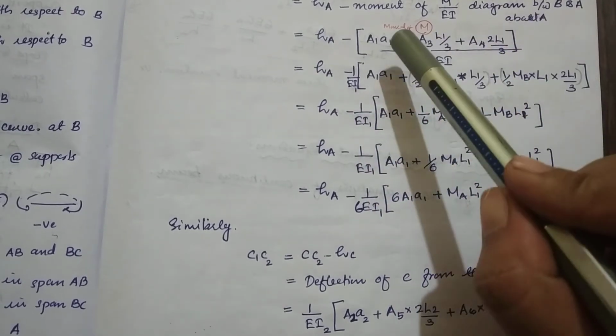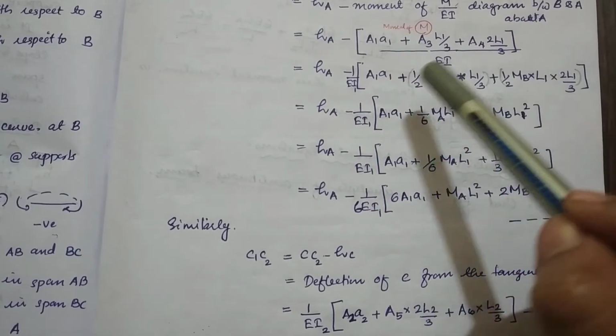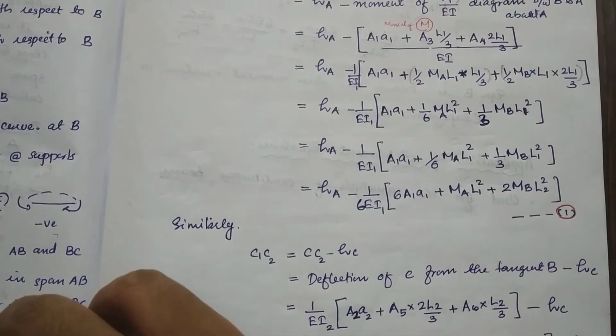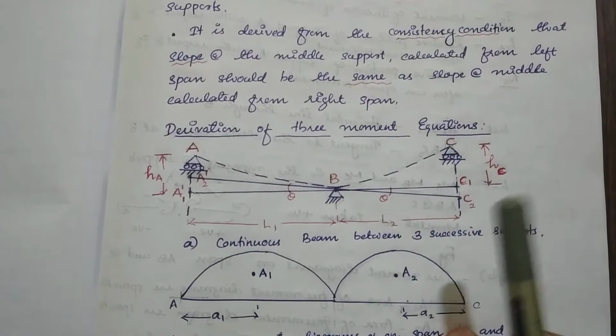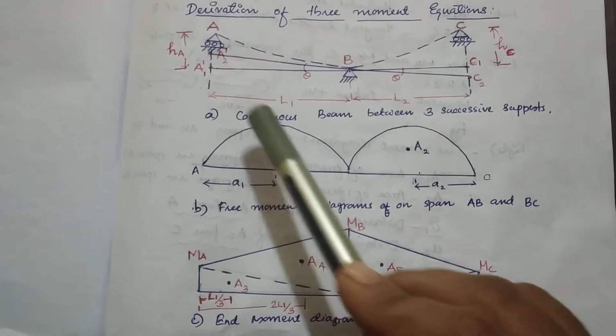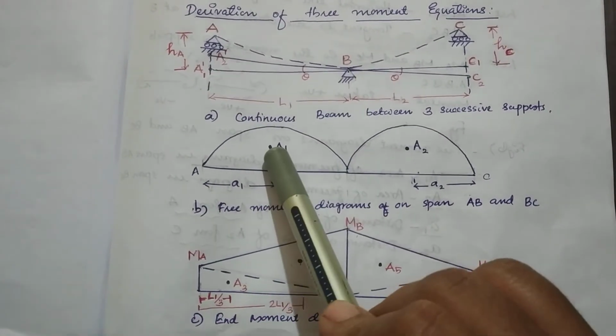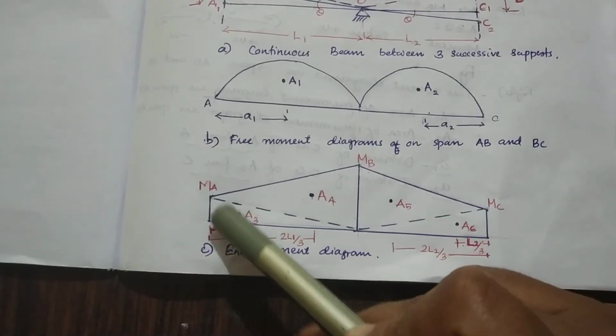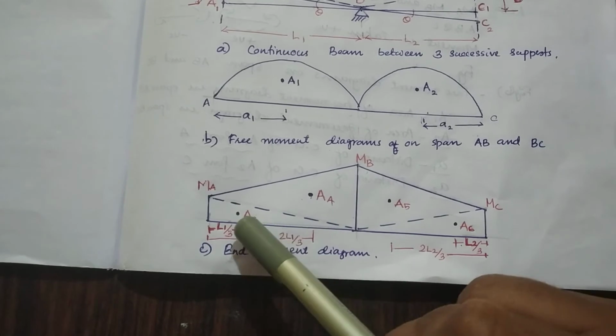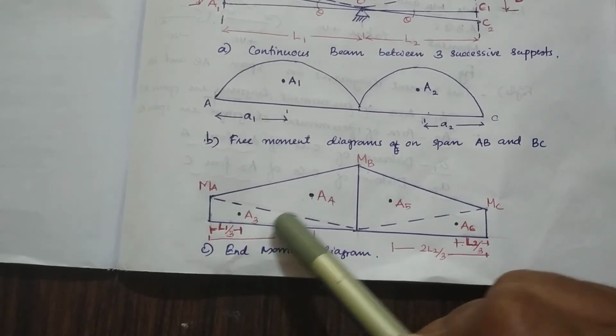Then the next step, find the moment of the M by EI diagram. Here we divide the segment into three. First one, A1, consider the span AB. A1 is the moment diagram due to UDL, and this portion we can split into two triangles, A3 and A4.